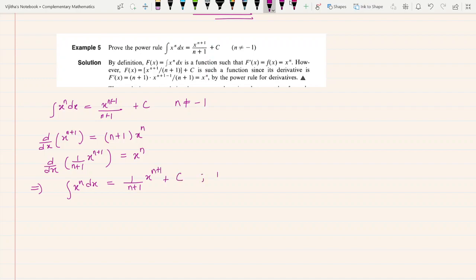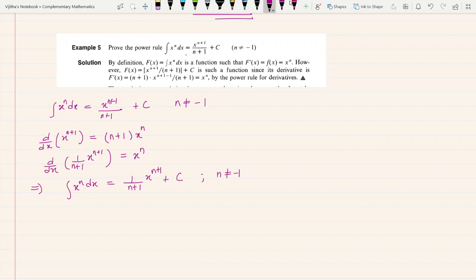And also we can write n not equal to minus 1, because if n is equal to minus 1, the denominator n plus 1 will become 0 and this term won't exist. So n is not equal to minus 1. You can remember the power rule and do many problems using this.